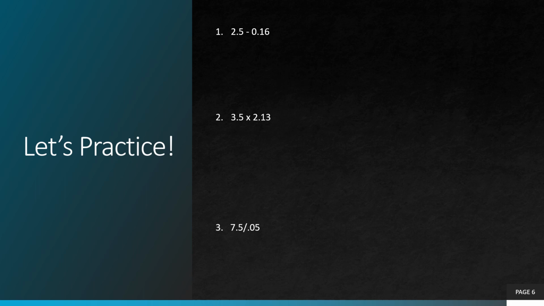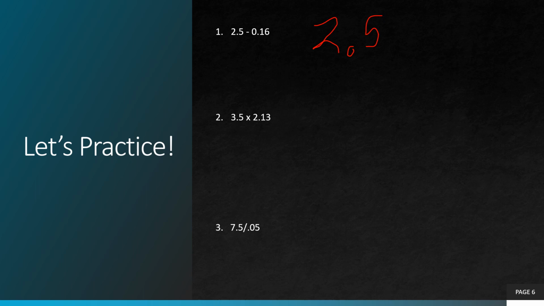Alright, so for our first one, we have 2.5 minus 0.16. So to set this up, we're going to set this up with 2.5, like that. Sorry if it's a little bit bigger than what I probably should be.